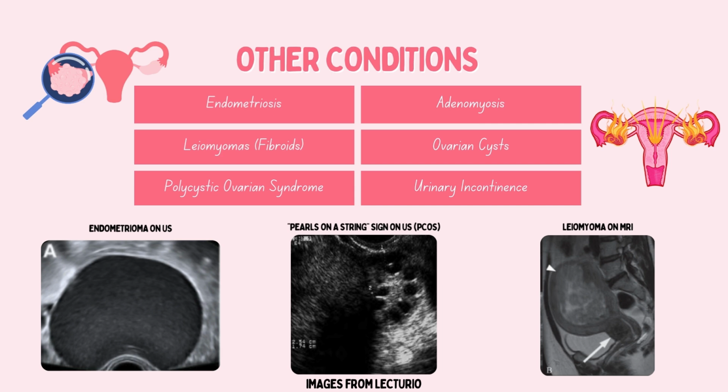Tranexamic acid and NSAIDs may decrease menstrual blood loss. GnRH analogs like leuprolide or nafarelin are the most effective medical treatment, but are usually only used if near menopause or if the fibroids need to be shrunken 3 to 4 months prior to the hysterectomy or myomectomy.